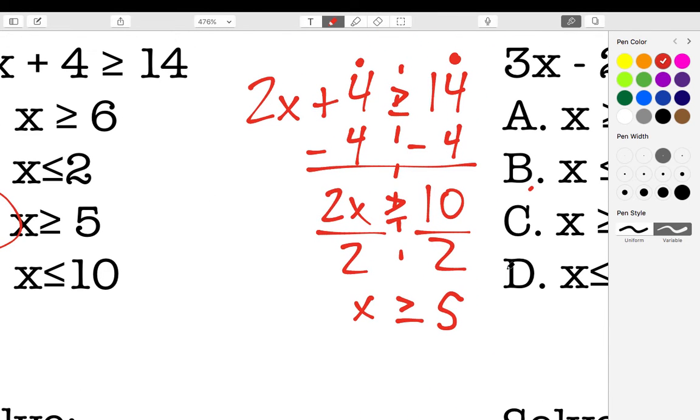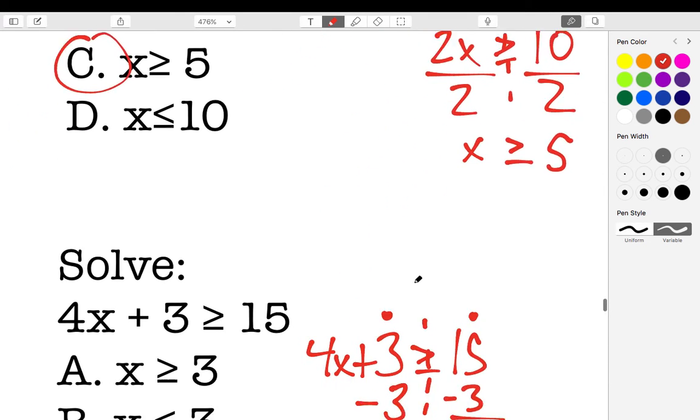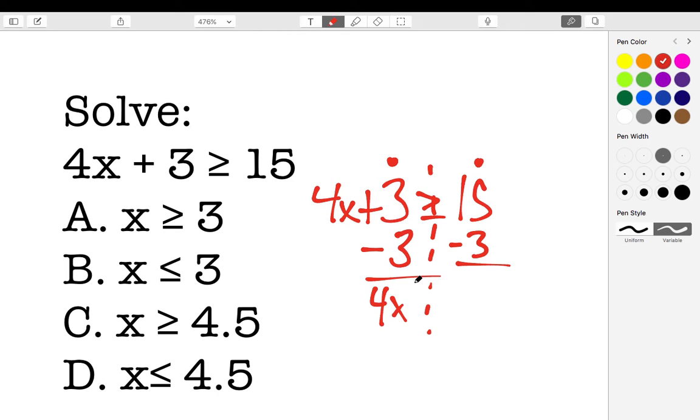What goes on the line? Look at the previous problem. Show me with your hands. Robert, show me with your hands. What is it? You can make it with your hands, right?